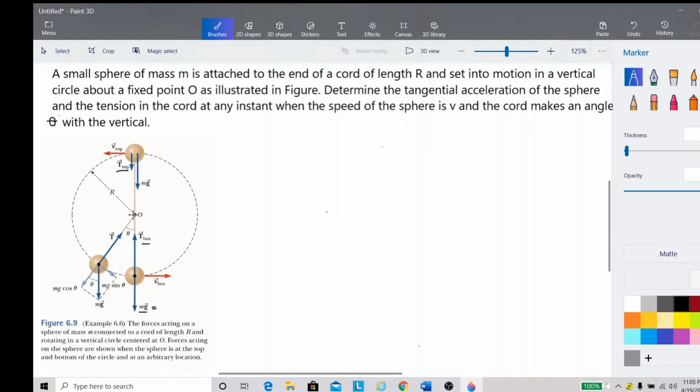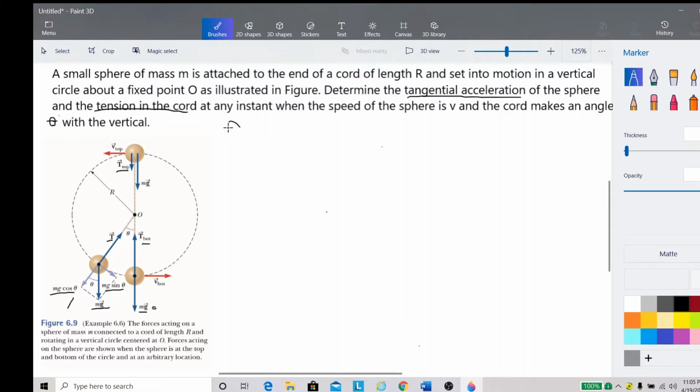So at any instant we have the tension in the cord T that is going toward the center, and of course there will be a weight mg that is directed downward. Now this mg, if we resolve it into its components, we have mg cosine theta, which goes radially, along the radial direction, and mg sine theta that is tangent to this circle.